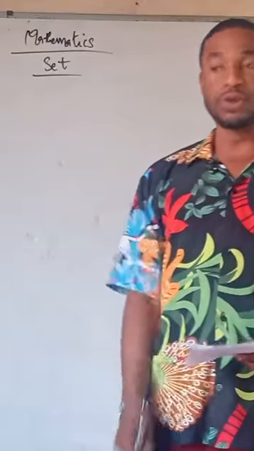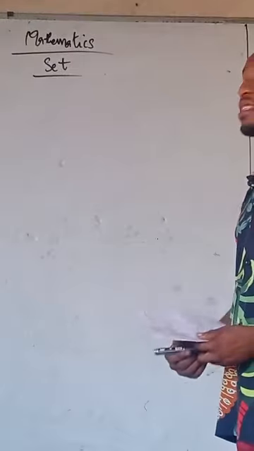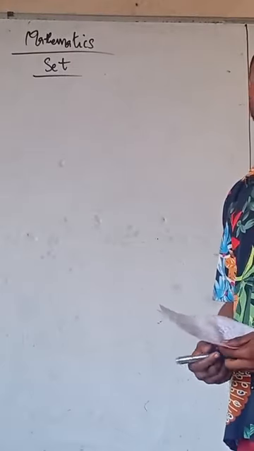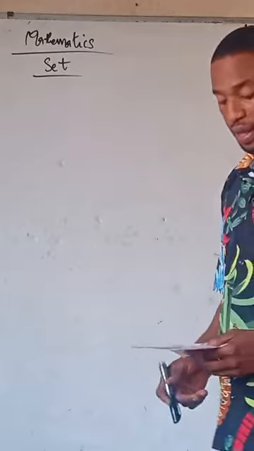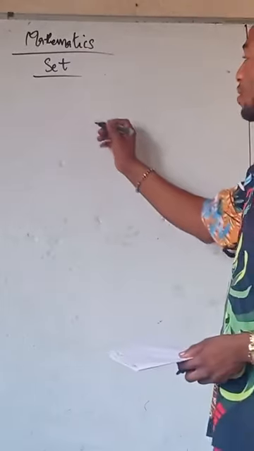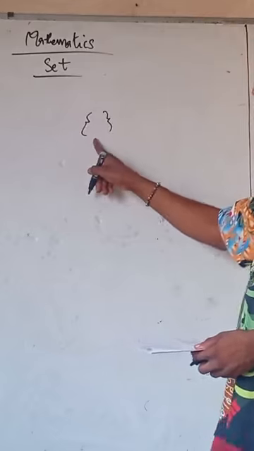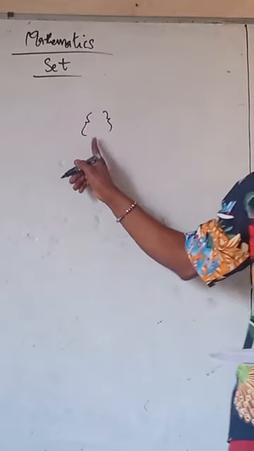Now, we have more examples. The set we're treating today can be denoted using this symbol. Whenever you see this symbol, it is the symbol for set.